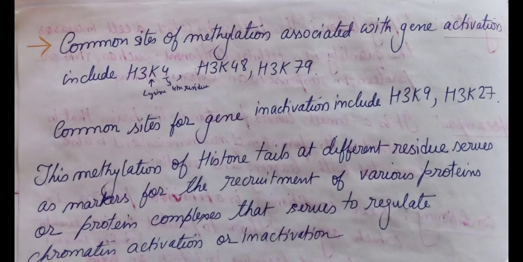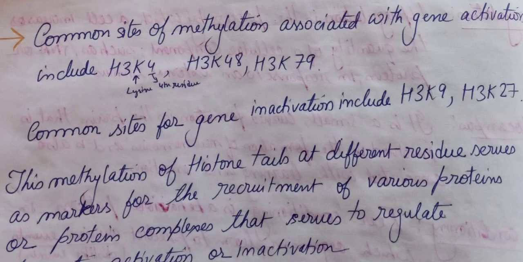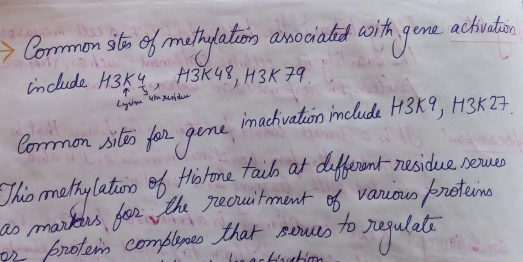Now we come to the common sites of methylation associated with gene activation. This means methylation that leads to activation of the genes. This is a shortcut, you have to remember this.